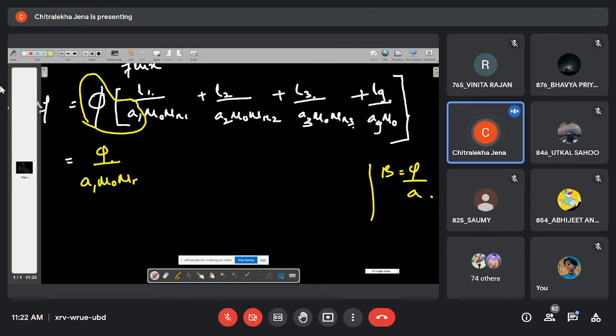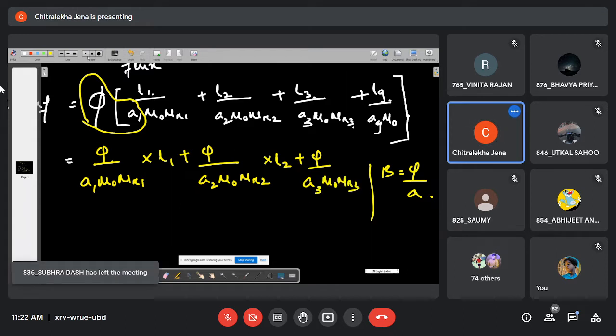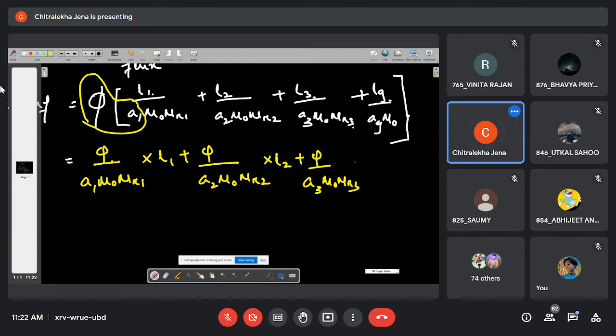Check and write, I sometimes make mistakes in this. L1 plus phi divided by A2 into mu 0 into mu R2 multiplied with L2 plus phi divided by A3 into mu 0 into mu R3 times L3 plus phi divided by Ag into mu 0 multiplied with Lg.